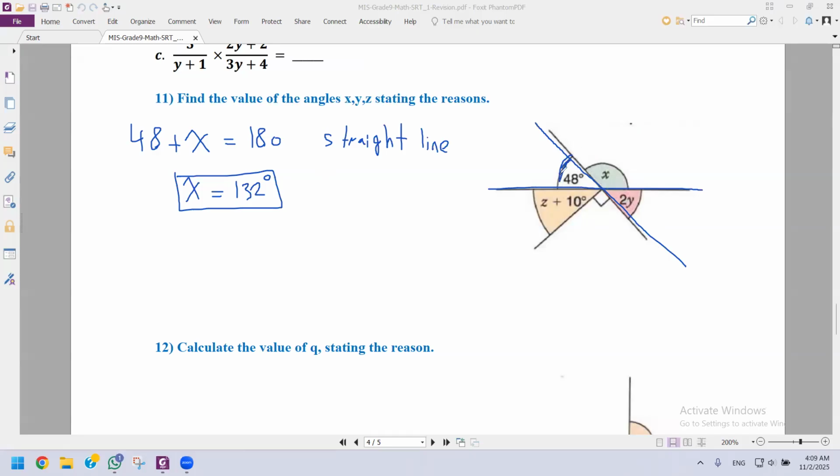I know that this angle is equal to this angle. Why? Let's write the reason. We say that 48 is equal to 2y because those two angles are vertically opposite. Now, how do I find y? I divide by 2. So y is equal to 48 divided by 2, 24.